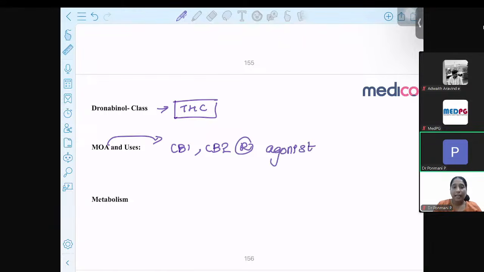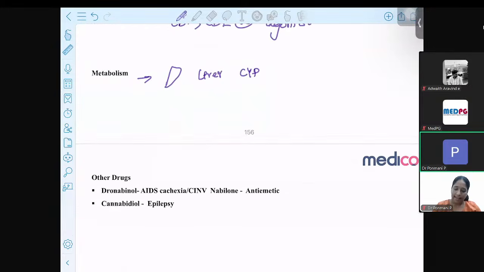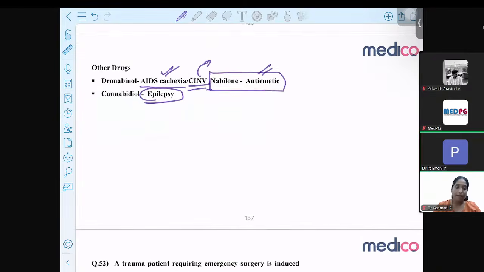It undergoes metabolism by the liver, by the CYP enzymes. The uses: dronabinol is used in AIDS cachexia. It is also used in CINV, chemotherapy-induced nausea and vomiting. It is also used as an antiemetic in other conditions, and it finds its way in epilepsy also.